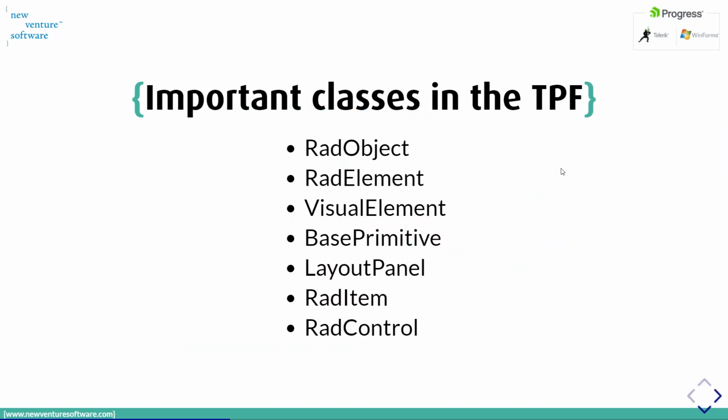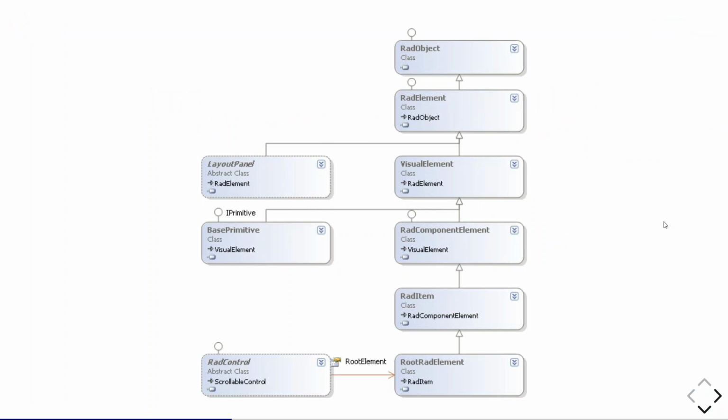Okay, so let's see now how those classes create a diagram. And here we can see that the RAD object is on top. And from there, everything in the TPF just inherits the root element, which is very used. It sits right below the root object, and from there the layout panel and the visual element inherit.